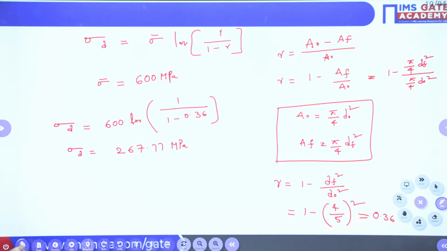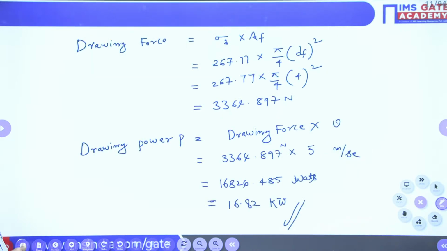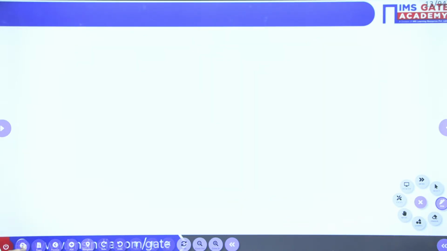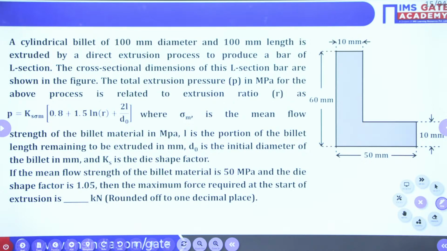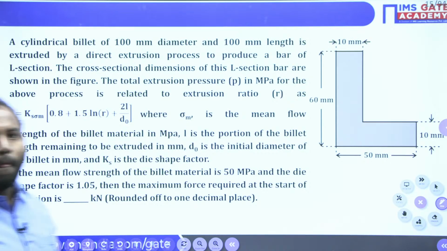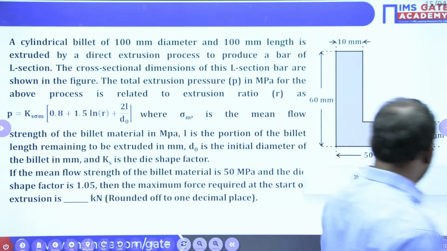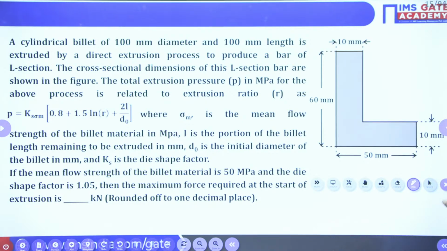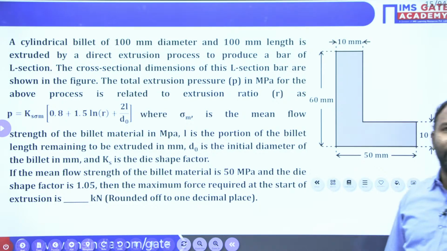Hope you understand all this. Yeah, have a look at this question. It is related to extrusion. Right, so read the question carefully.